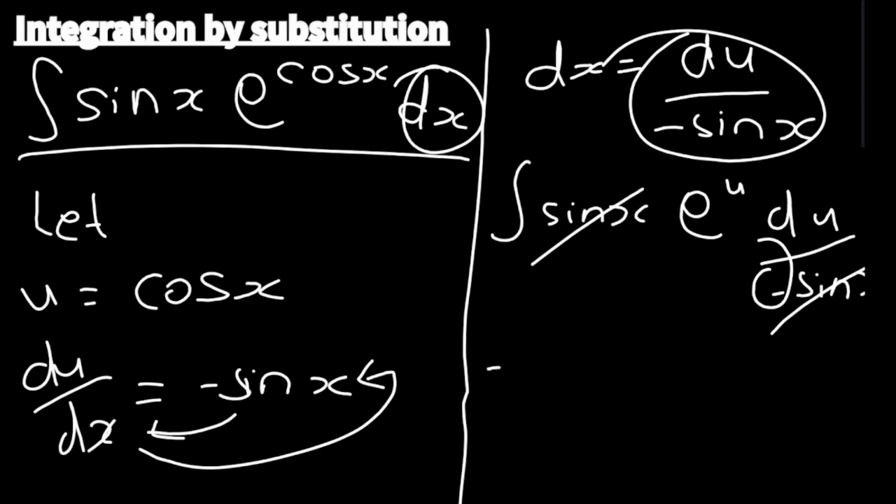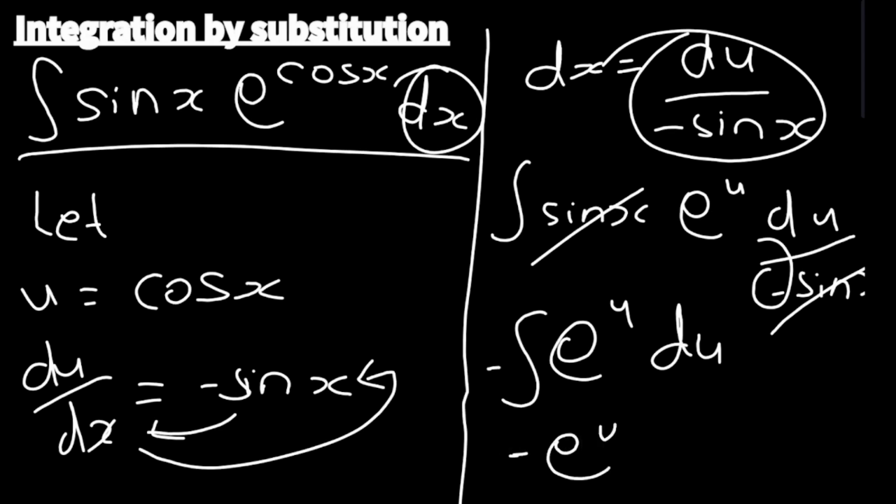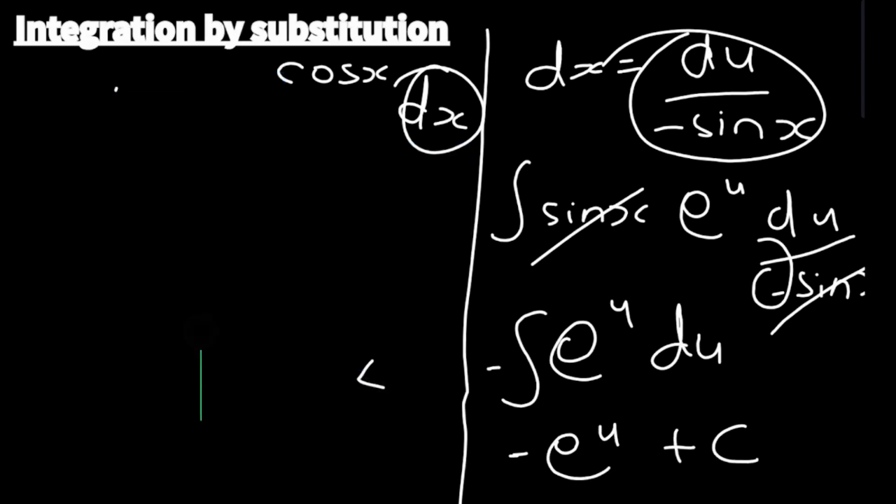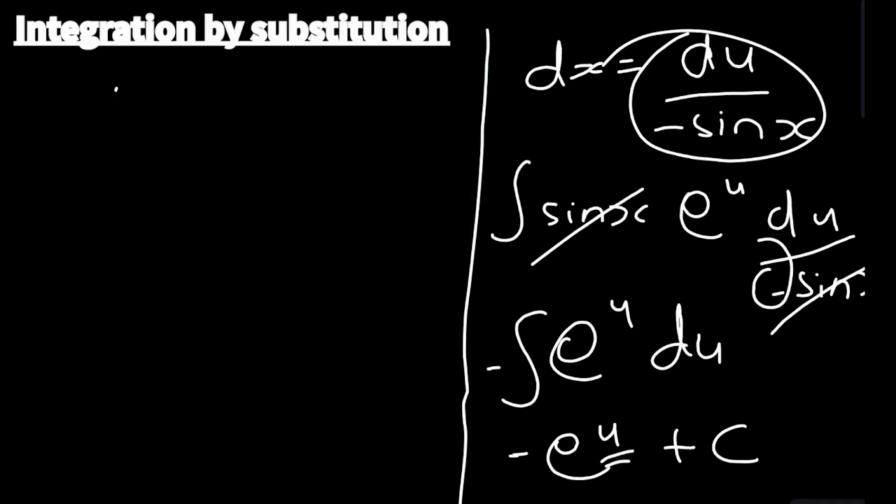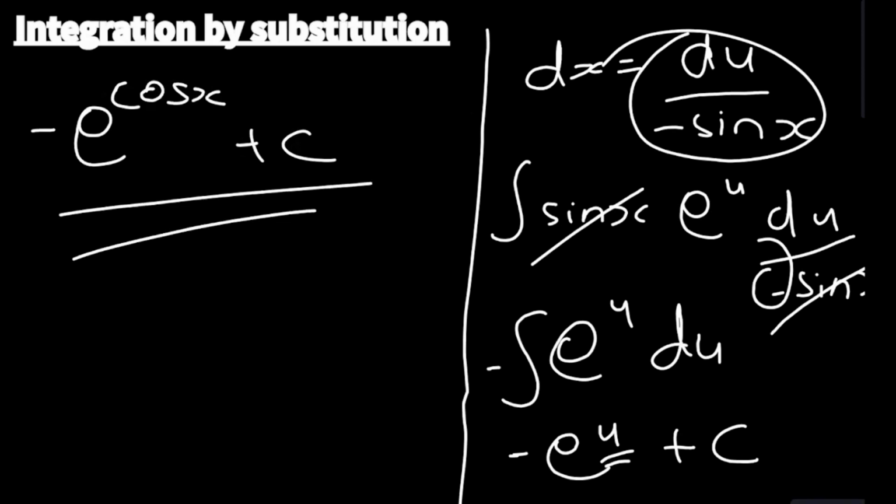We push it outside the integral. E to the u du. So what is the integral of exponential u? The integral of exponential u is exponential u. So our final answer is negative e to the u plus c. But what was our u? Our u was cos x. So our final answer is negative e to the cos x plus c. This is our final answer.